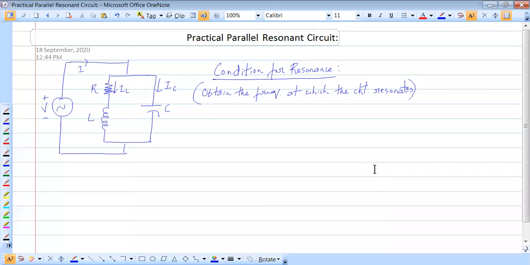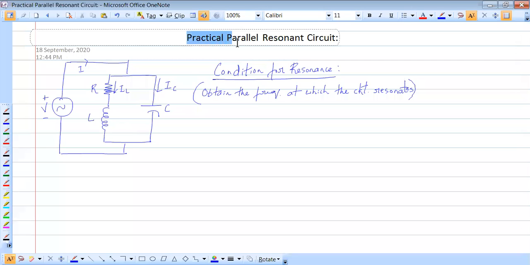Now, let's look at this circuit, which has this R and L in series, and this C is in parallel with this particular branch. Understand that? So this is called a practical parallel resonance circuit. Fine. So this name now becomes very important.